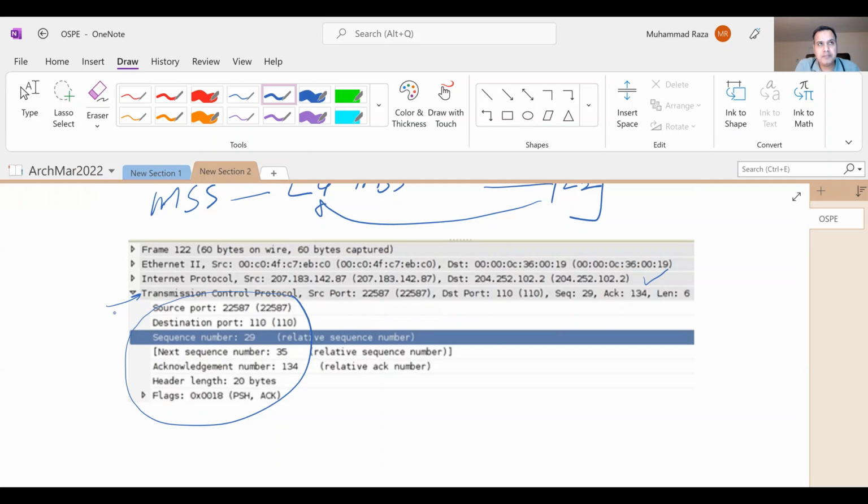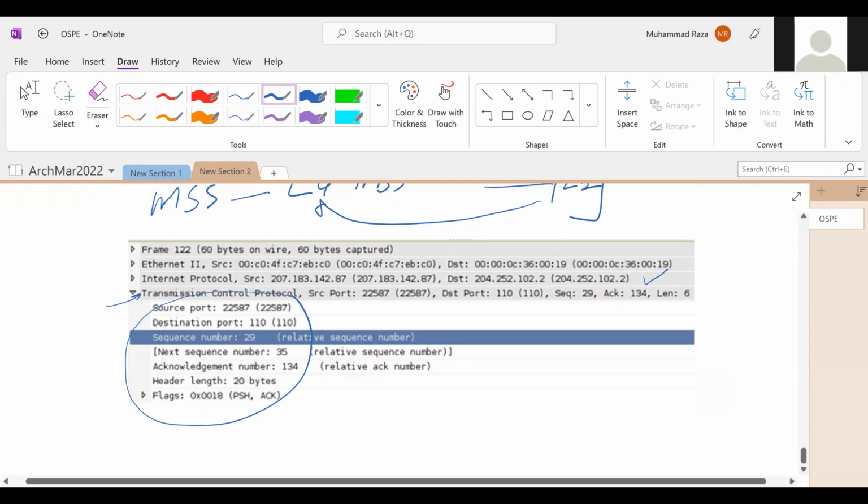TCP. Yeah. So you look at the role of IP. Look at here, what is my role? I'm dealing with source and destination, and I want to know where I should go for the destination.